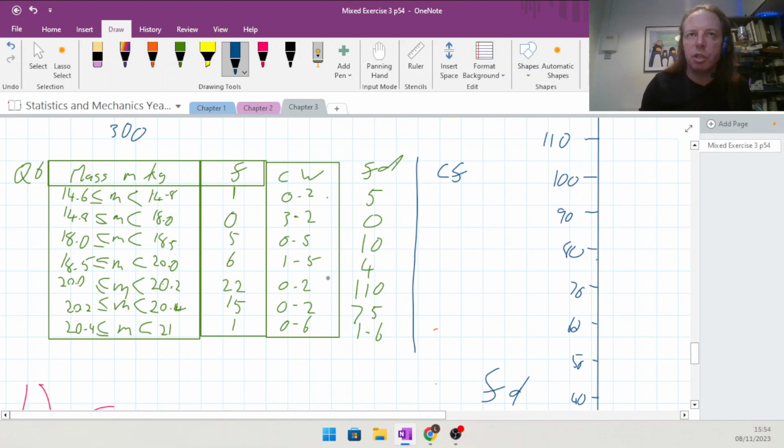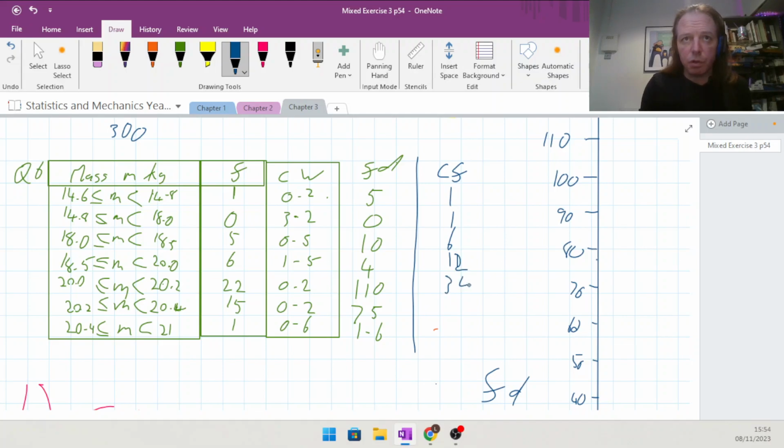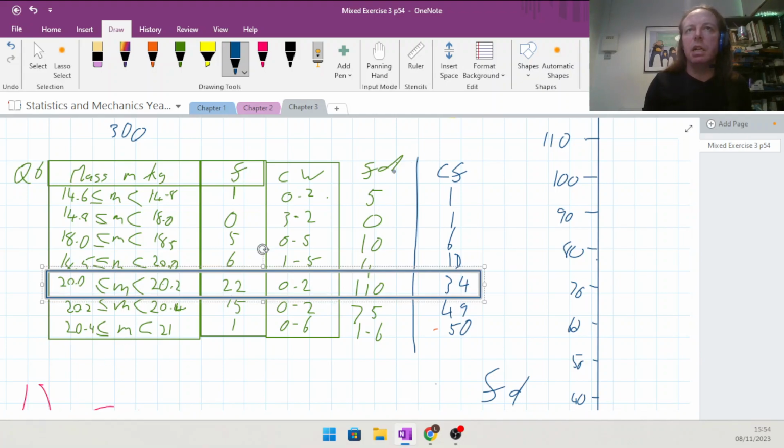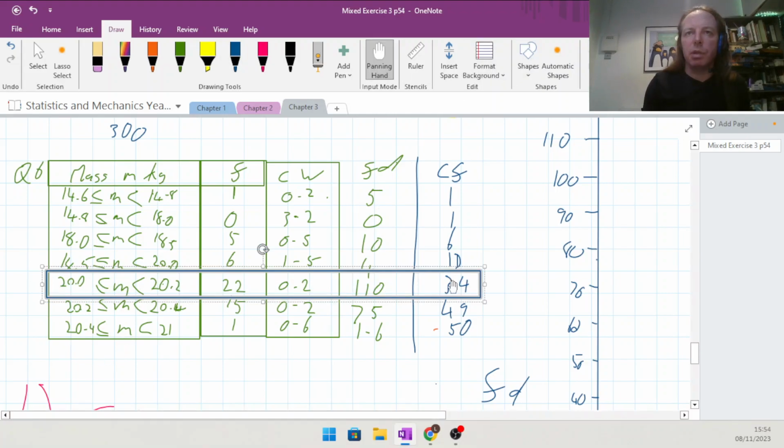Just adding up the frequencies here: 1, 1, 6, 12, 34, 49 and 50. So the 25th value will sit in here somewhere.